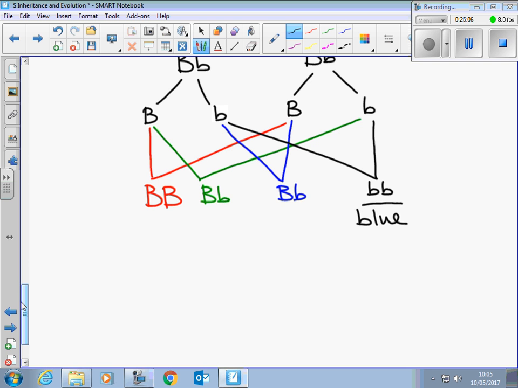So the chance of the blue-eyed child is what? Right, 25%, or 1 in 4, or 1 to 3, or 0.25, a quarter.